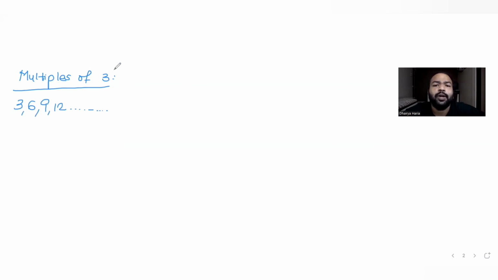I can use the divisibility test for 3, which says you just need to check whether the sum of digits is divisible by 3 or not, right? So 1999 gives 9 plus 9 plus 9, 27, and 1, 28. It's not divisible by 3.